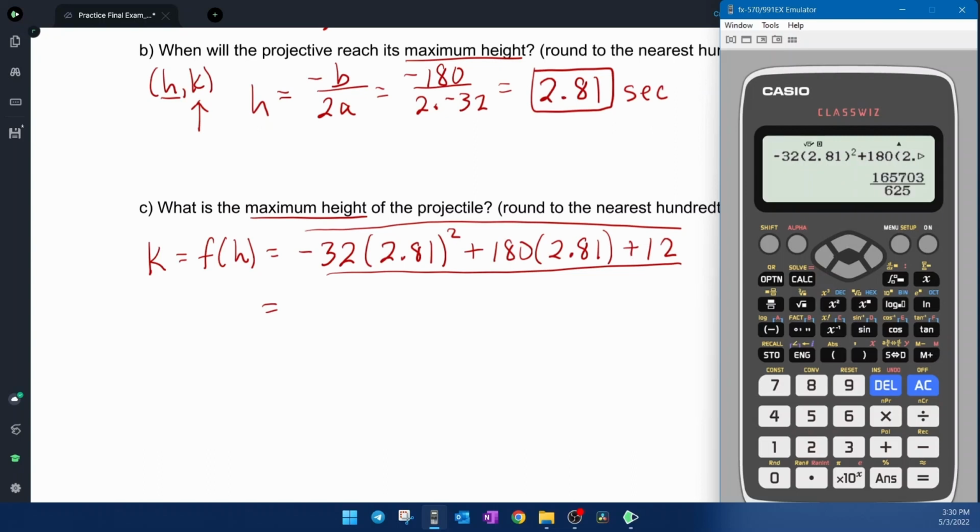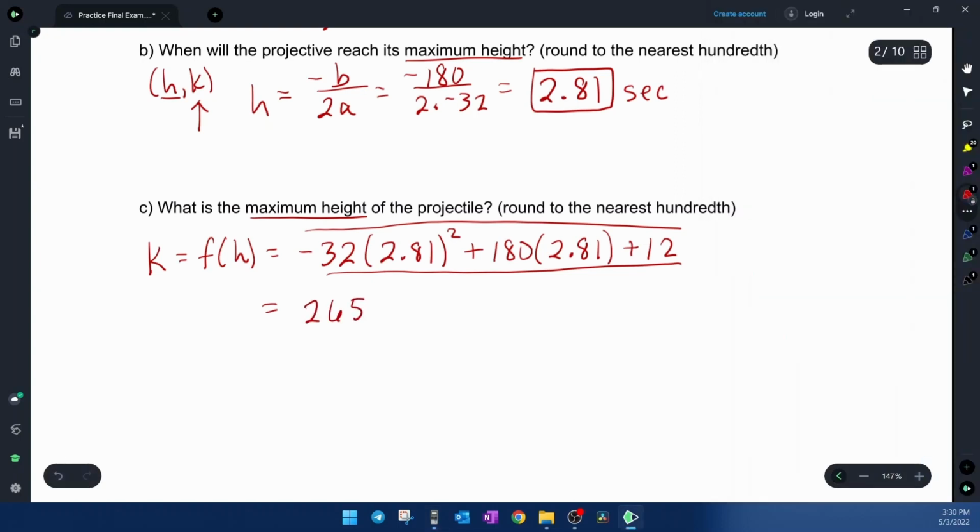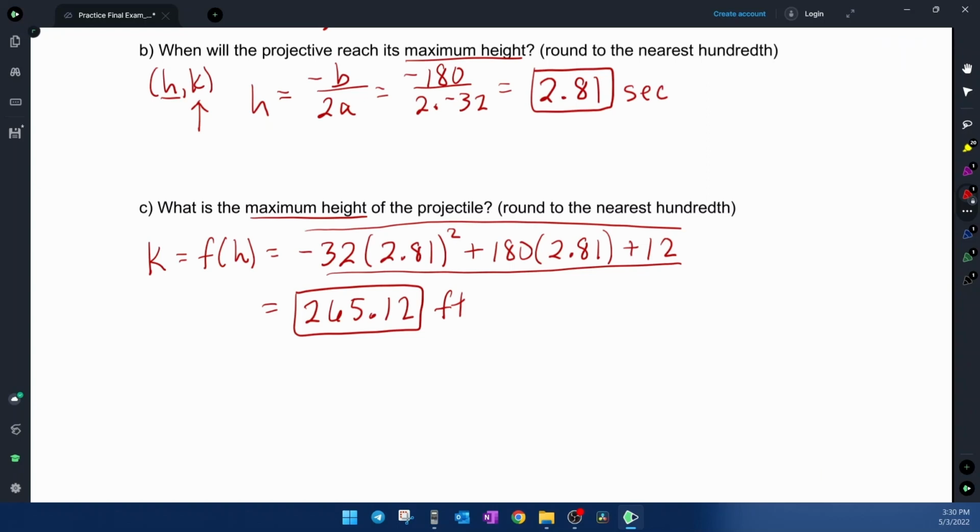And again, we need to round to the nearest hundredth, hitting the S-D button. 265.12. That is rounded correctly to the nearest hundredth. And the units in this case are feet. That is how high the projectile is at its maximum height. And that does it for this problem.